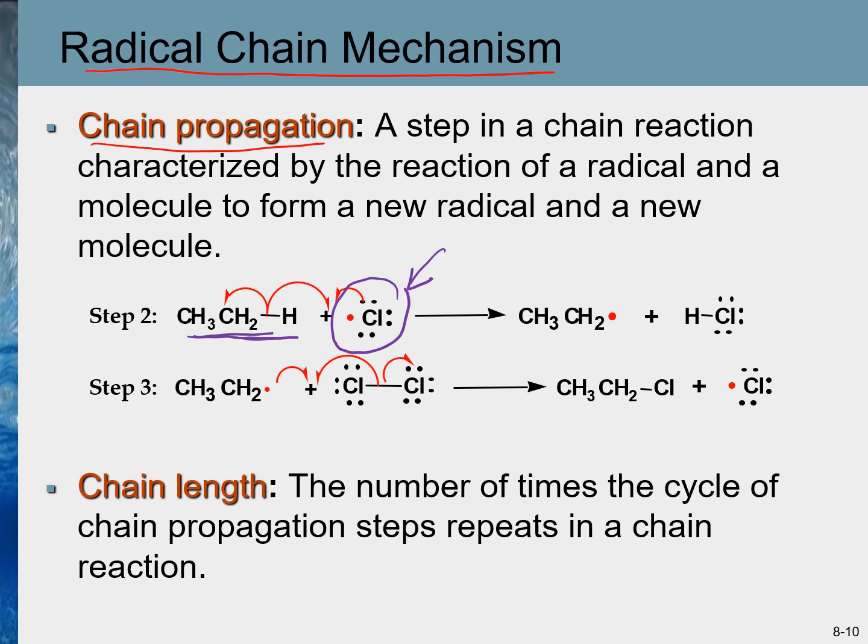The chlorine radical will cause a homolysis in ethane molecule and will form a neutral molecule, which is HCl in this case, and another radical. And in case of ethane, this new radical is an ethyl radical.